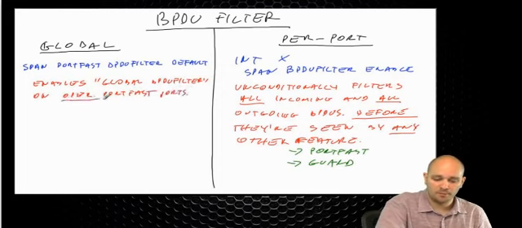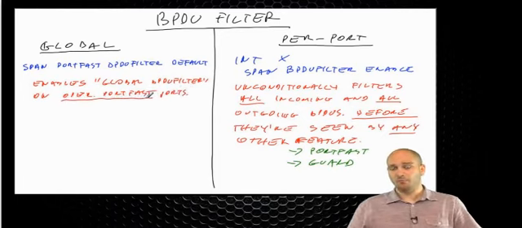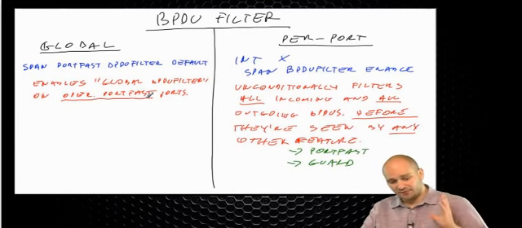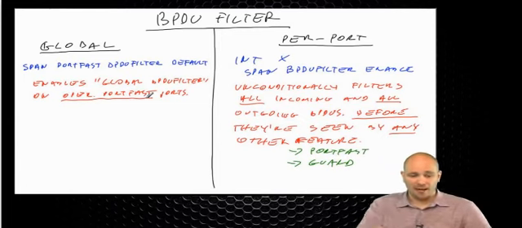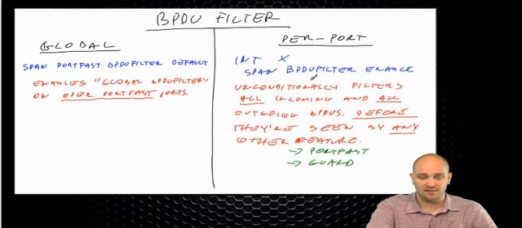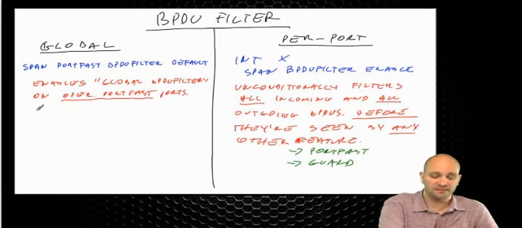Just like with the BPDU guard in the previous example, it doesn't matter how the port became portfast. If it's portfast, no matter what, this feature will actually be enabled on it. But I'm calling it the global BPDU filter here because, as you will see, the behavior is somewhat different than this one here. So it enables global BPDU filter on all operational portfast ports.